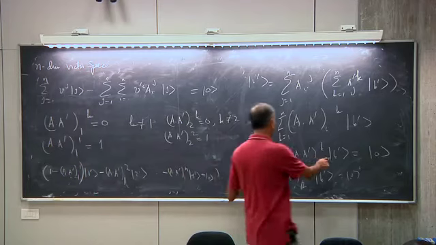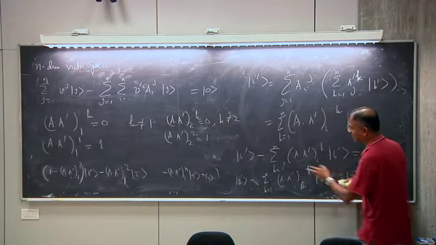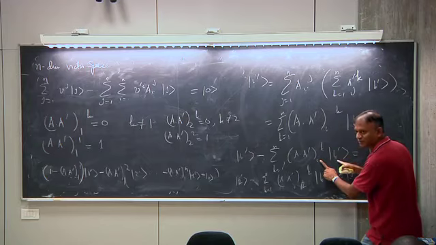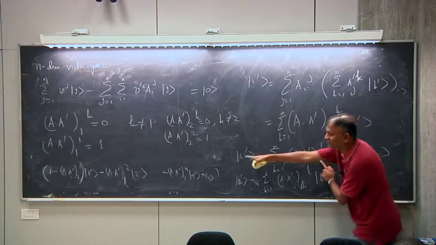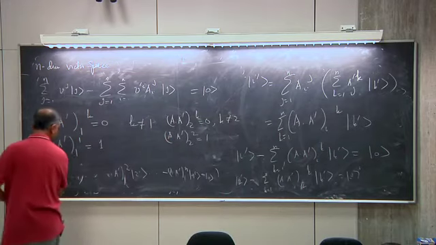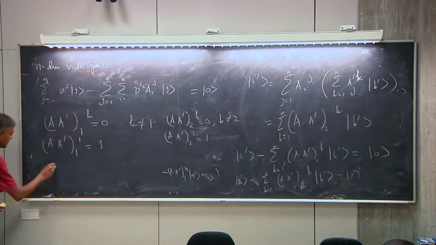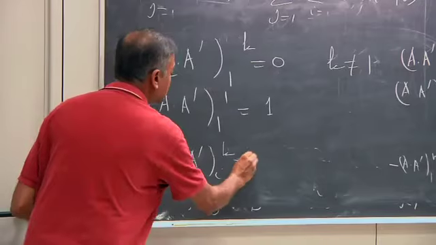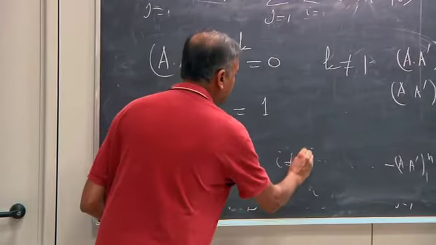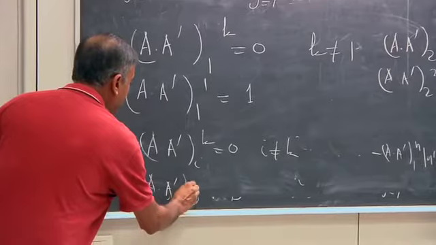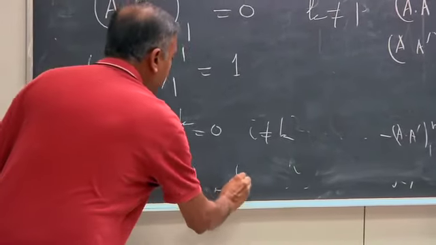You can see for arbitrary I, when k is not equal to I, this coefficient must be 0, and when k is equal to I, it must be equal to 1. So the general formula that we are obtaining is: A times A prime Ik equals 0 whenever I is not equal to k, and A times A prime Ik equals 1 when I is equal to k.